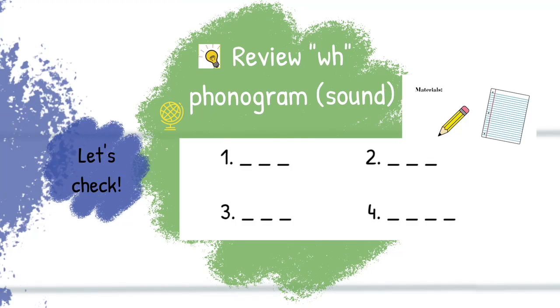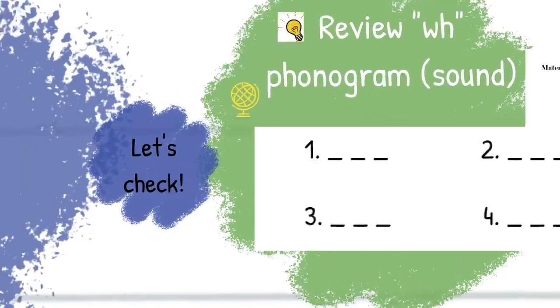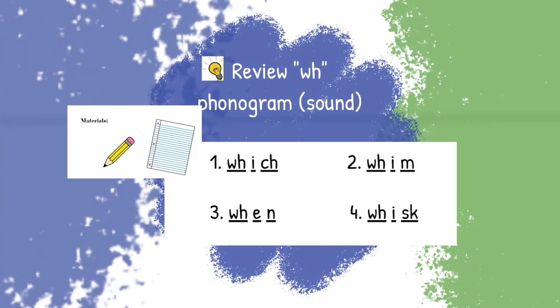All right, let's check your work. If you're not quite ready yet, pause and press play when you are. Here are the correct spellings for each of these words. How did you do? If you made some mistakes, it's okay. Mistakes actually make me excited because as a teacher, I know that you're learning.